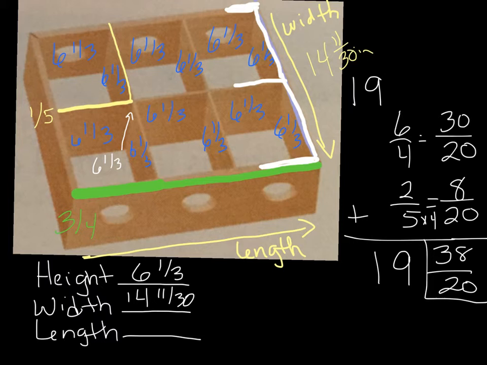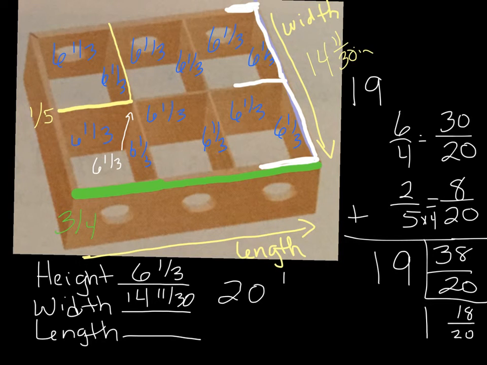20 goes into 38 one time, and when it's only one time, it's already lined up, so we could just subtract. So there will be 18 left over out of 20. That fraction needs to be simplified by dividing. We can divide that fraction by 2. We'll do that in just a second. We'll add our whole numbers. 19 plus 1 is 20.